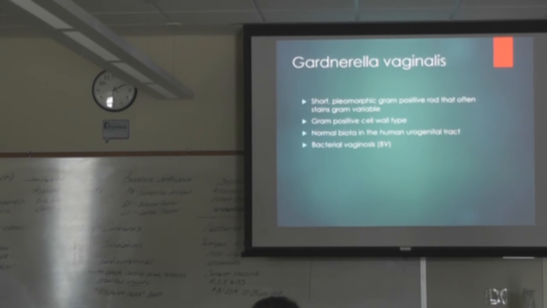And here's the problem. BV would be a direct result from a reduction in lactobacillus, which is normal biota in the vagina. In that population in the vagina, it would raise the pH instead of lower the pH, and that's where the infection comes into play.